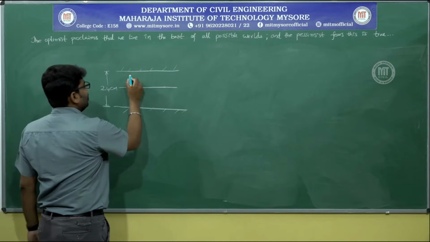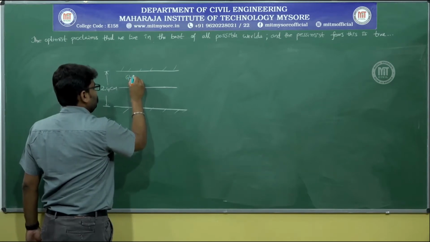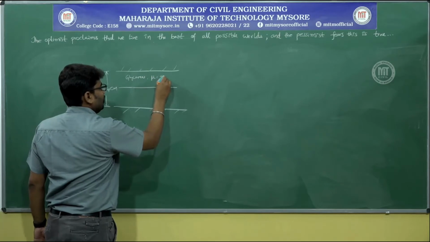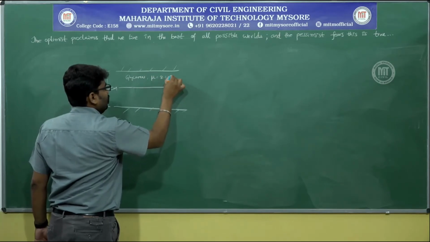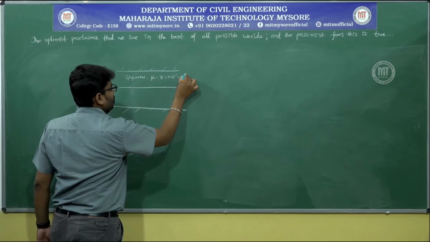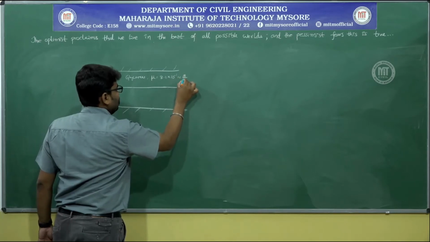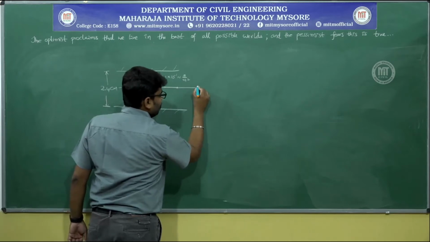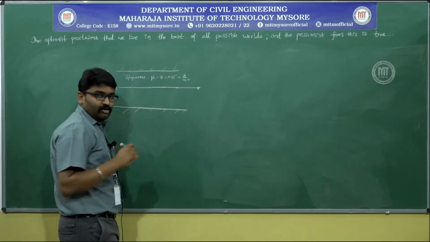Now you have glycerin here, glycerin of mu 8.1 into 10 power minus 1 Newton second per meter square. He wants this to be pulled at a speed of how much?